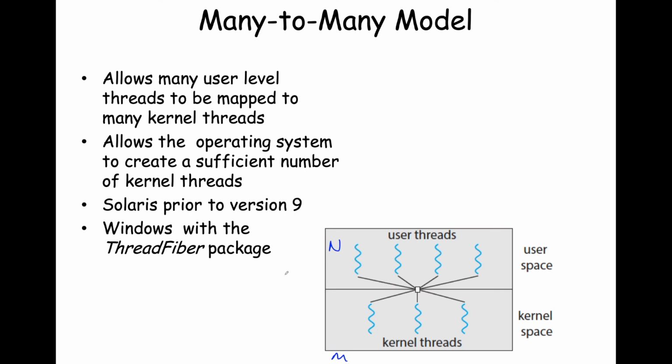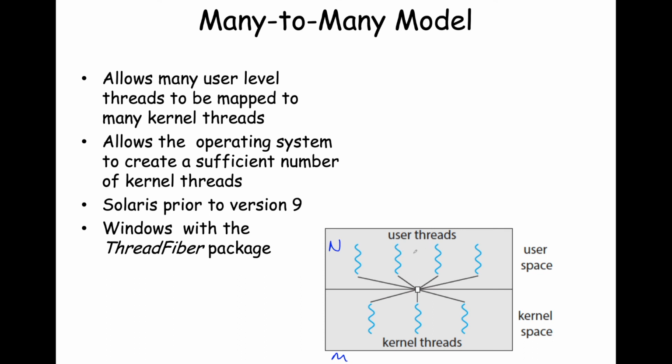It allows many user level threads to be mapped to many kernel threads, and now you can allow the operating system to create a sufficient number of kernel threads. And so now you can set a budget and say, okay, I'm going to give 2 units of instruction stream scheduling and execution to some user level process. So you say, okay, your pool of available kernel level threads is going to be 2, or maybe 3.